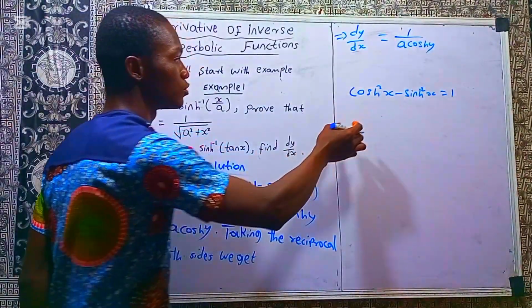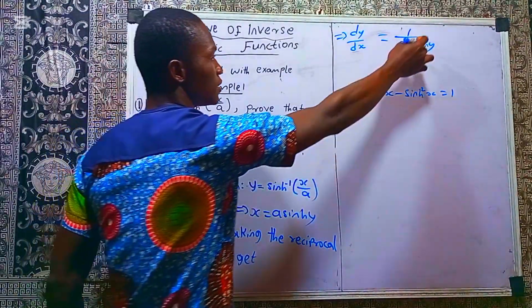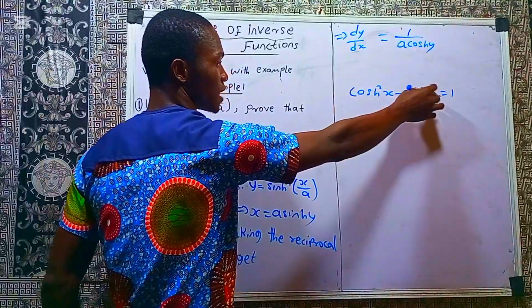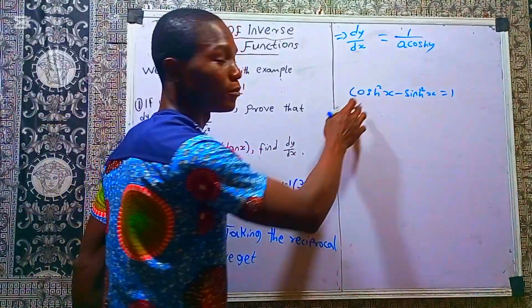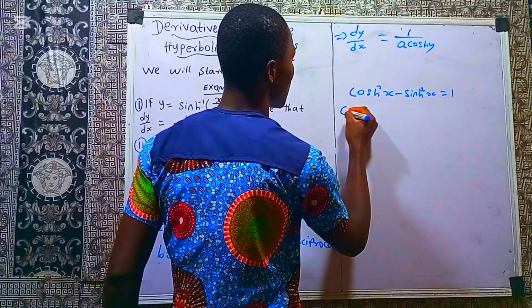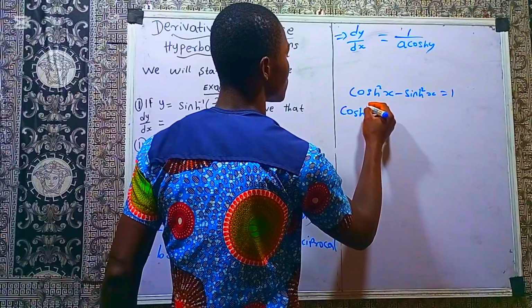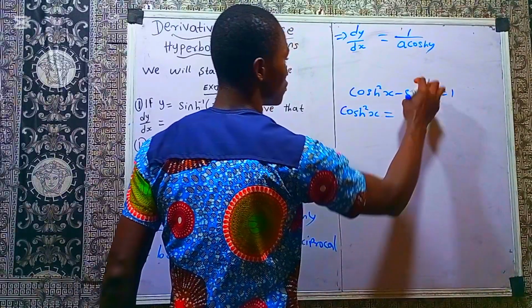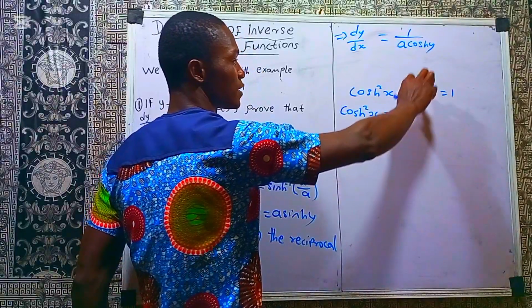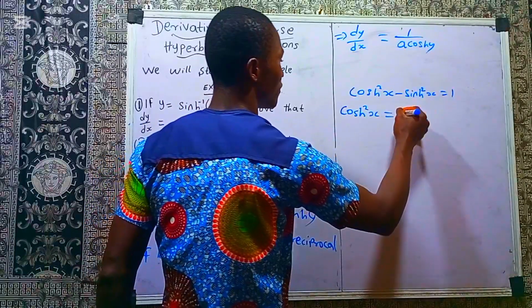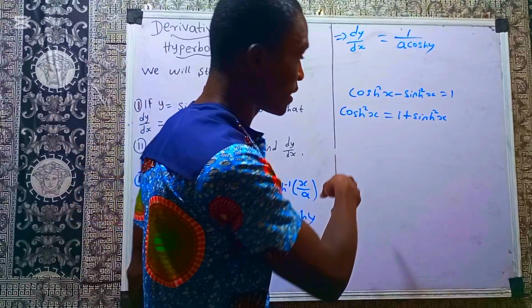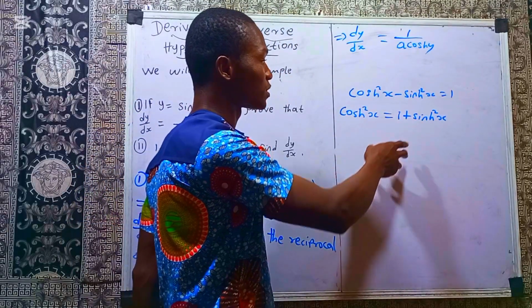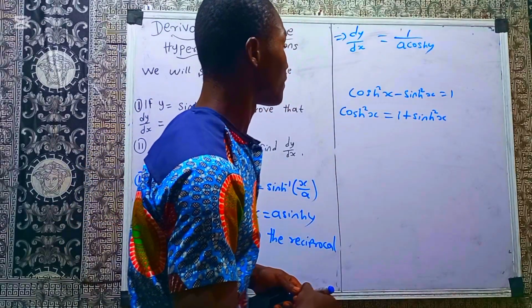So if I want to get this in terms of sine, so that I can replace sine with x over a, I will make hyperbolic cosine the subject of the formula. We now have hyperbolic cosine squared x equals 1 plus hyperbolic sine squared x, if you move negative hyperbolic sine squared to the right.